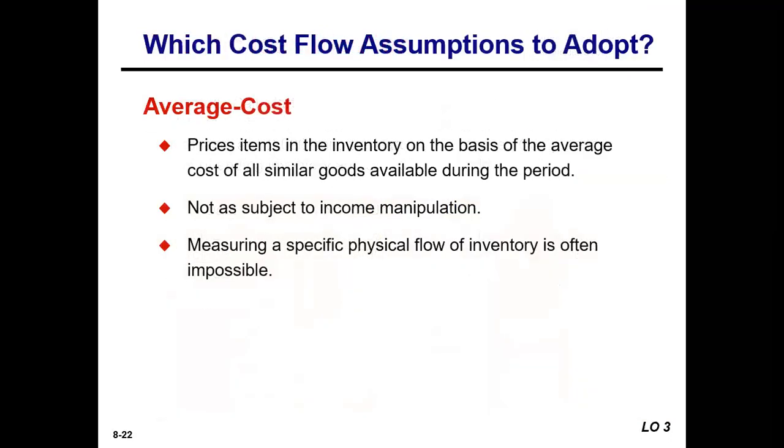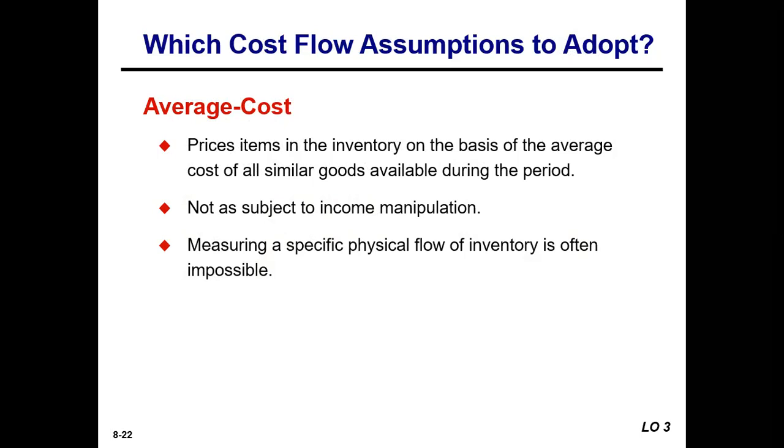All right, the average cost method. Hopefully we remember that with the average cost method, we're computing an average cost per unit, and then we assign that cost to every unit in inventory. So it prices items in the inventory on the basis of an average cost of all similar goods available during a period.